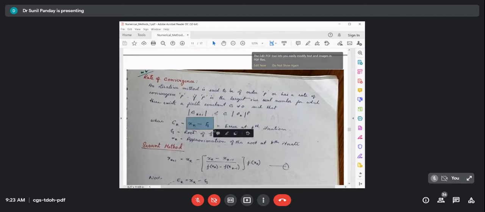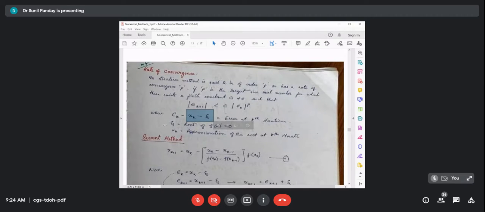We represent this error by epsilon k. So epsilon k is the error at the kth step, or kth iteration, and epsilon k plus 1 is the error at the k plus 1th iteration.